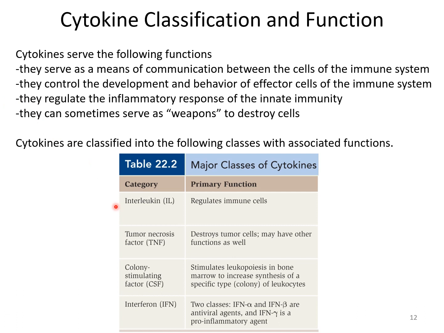So these are just some of them. Interleukin, this one will come up later when we talk about the adaptive immune system or the adaptive immune response. This regulates immune cells. Tumor necrosis factor destroys tumor cells. This is probably the only place we'll see this one. I don't think we talk much more in detail about TNF. Colony stimulating factor stimulates leukopoiesis in bone marrow.